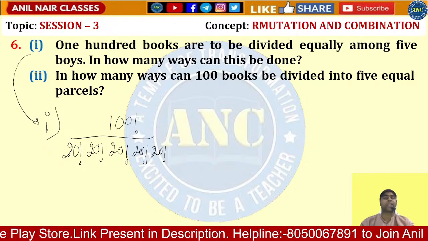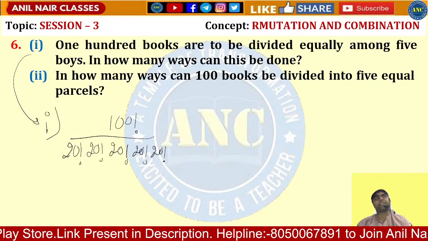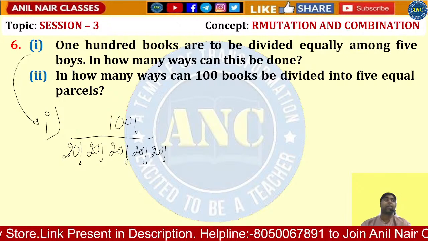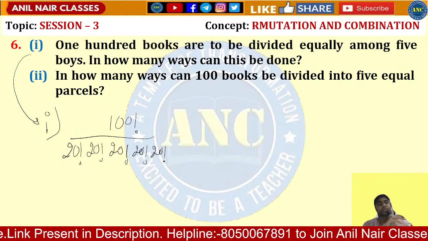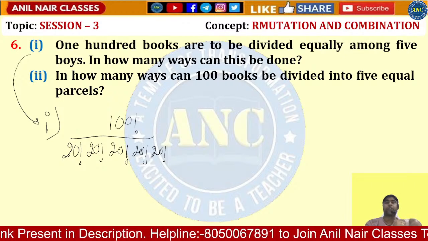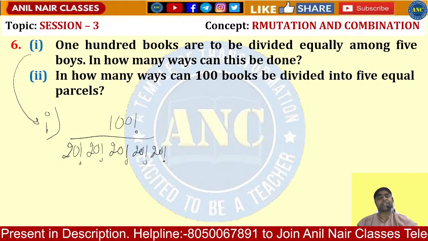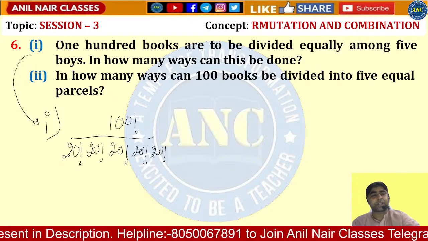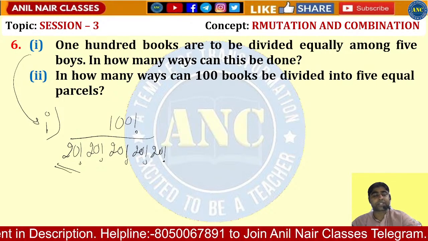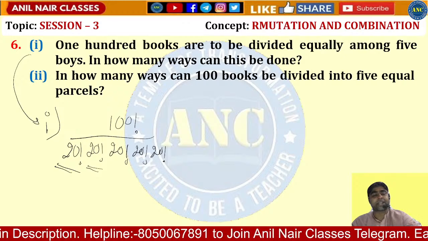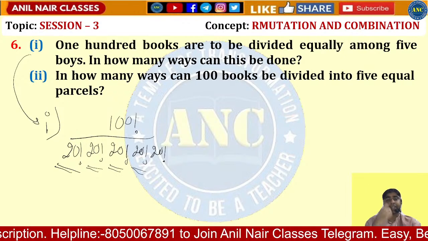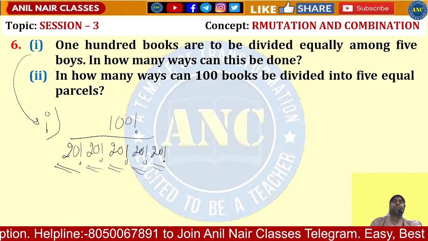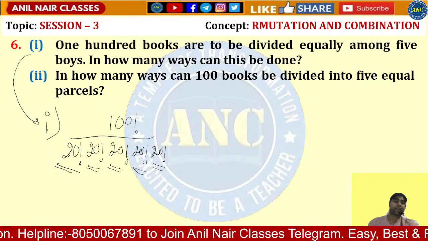In what order he is going to get them is something that we are not concerned about. Anyways, those 20 books are going to go to this guy only. So, in whatever order you give, that doesn't matter. And that is why the 20 books given to the first boy, 20 books given to the second boy, 20 books given to the third boy, 20 books given to the next boy, and 20 books given to the next boy. That is why this would become my answer.